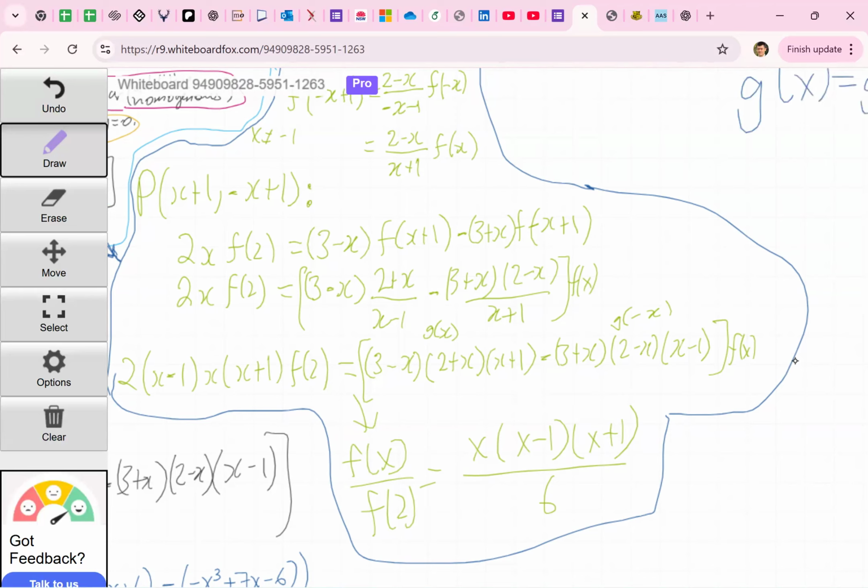You can also sub in x is equal to 1, yeah? And then this is all 0, and this is 2 times 3 times 2, which is also 12, yeah? Okay. If you're not convinced yet, you can sub in x is -1. At some point, if you keep getting 12 with values of x subbed in, yeah.